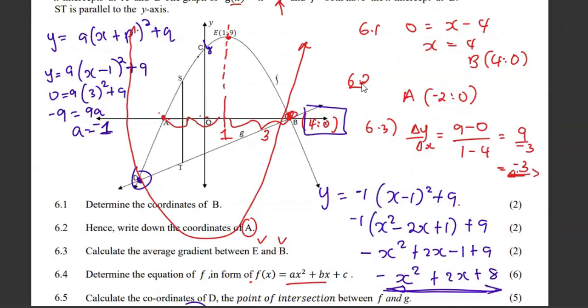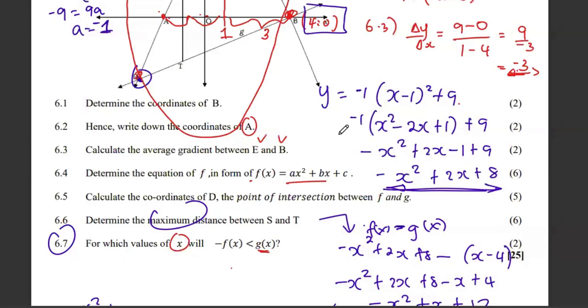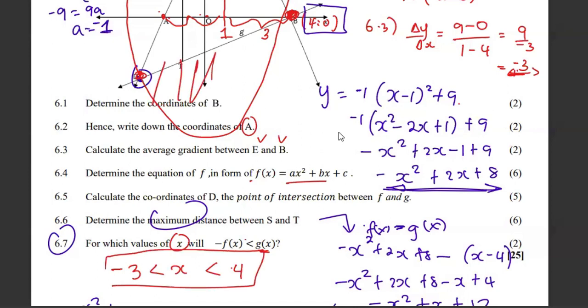They're asking us, where do we find this graph of f, the flipped one, to be below the straight line? So it's just between these points of intersection. You're going to say that negative 3 should be less than x, which should be less than 4. So that's the region where this graph is below. Okay, so that brings us to the end of question 6.